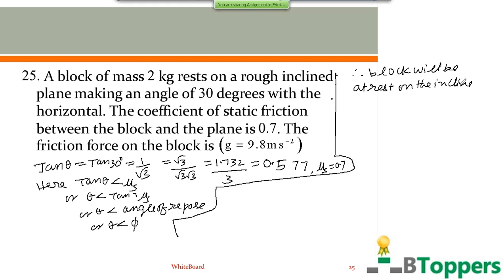So if you draw the free body diagram for the block resting on the inclined plane, the weight mg acts vertically downwards.